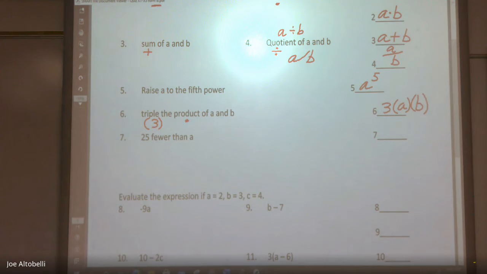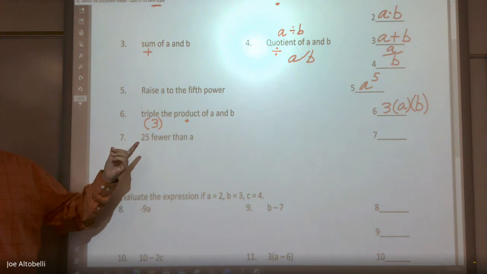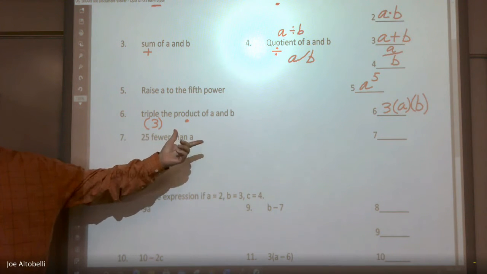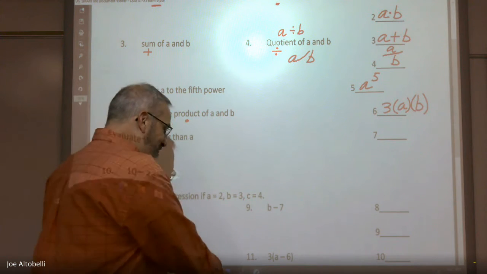All right, number 7. 25 fewer than A. 25 fewer than A has to be this way.